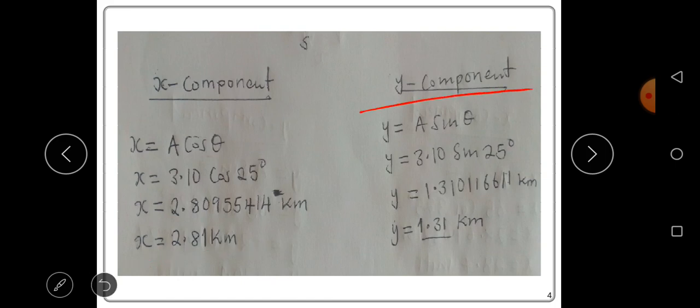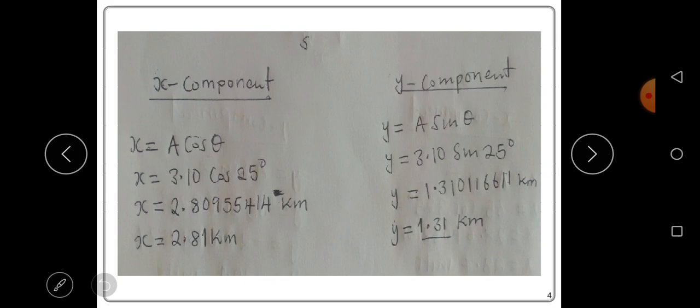Then to find the y component of the vector, we use this equation: y is equal to a sine theta. A is the magnitude of the vector, 3.1, and theta is the angle, which is 25. When we punch this on a calculator, we get 1.310116611 kilometers.